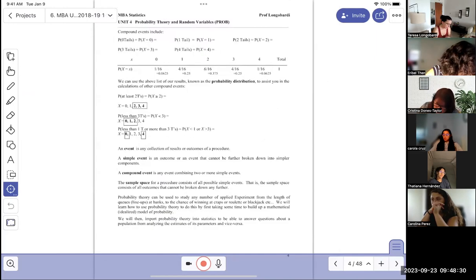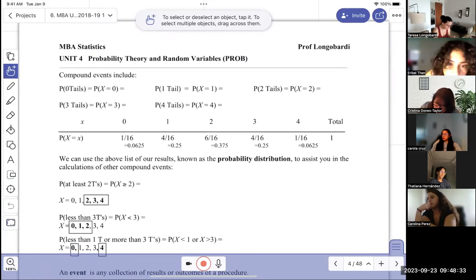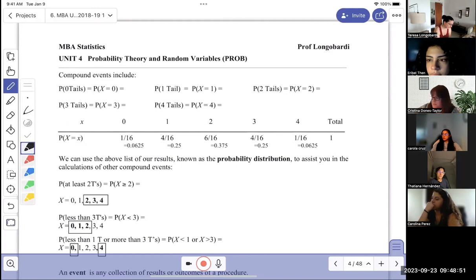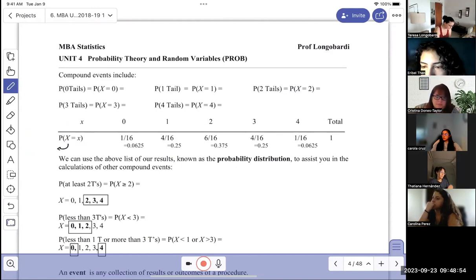So this is what I have here, all written out. This is the probability distribution. These are the values. I use small x, just like I did with the normal distribution, to indicate the value. And then I'm going to say the probability that the variable takes x. The capital X represents the variable name, and the small x represents the value, just like we did when I talked about the normal distribution.